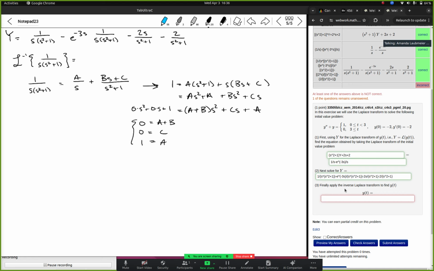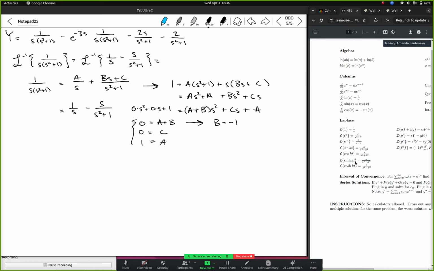So if a is 1, then I know that b has to be minus 1 from the first equation, and I already know c is 0. So this becomes 1 over s minus s over s squared plus 1. And then from here I can go ahead and apply linearity and then my standard Laplace transform properties.